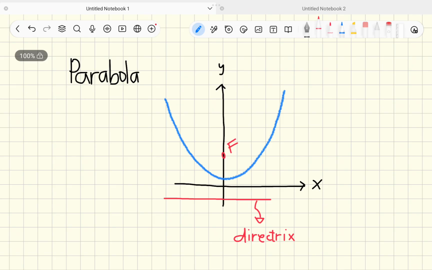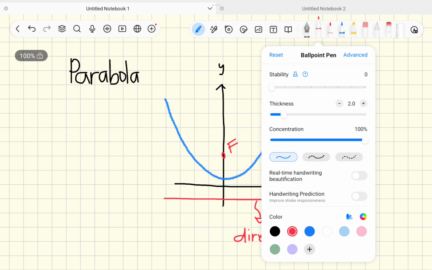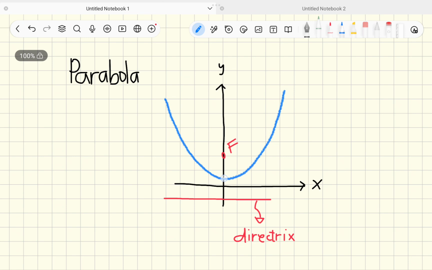Now, these two will give a few additional information about your parabola. So you have a directed distance. Aside from your focus, another point which is along the parabola, here you have a point here.